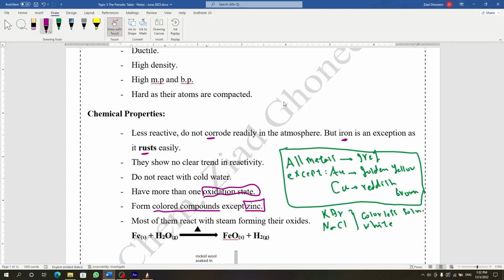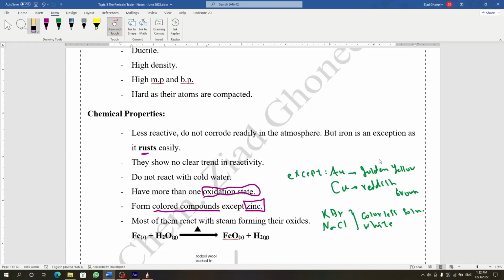Sodium is monovalent, manganese is multivalent, or has more than one oxidation state. Sodium compounds are colorless or form colorless solutions, while manganese compounds are colored. But if you are comparing between sodium and zinc, you will use the exact same comparison parameters except for the colored compounds, because zinc forms colorless compounds, right?